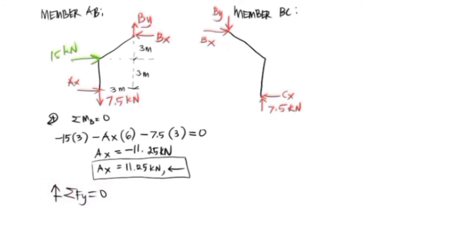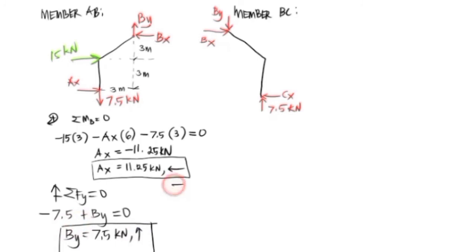So, mga vertical forces natin, 7.5 AY, so that's negative kasi that is directed downward. Plus BY is equal to 0 since dalawa lang naman sila yung vertical forces. Therefore, BY is equal to 7.5 kN since positive yung lumabas na sagot, tama yung assumption that BY is directed upward.